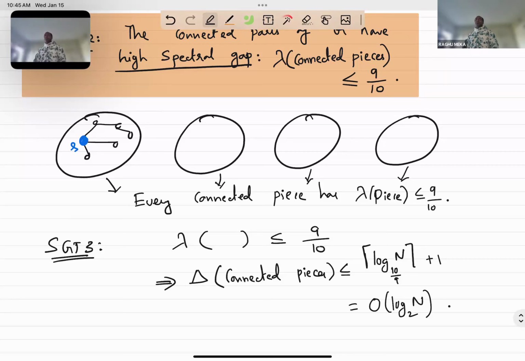So spectral graph theorem number 3 tells us that if you have a spectral gap, then you have small diameter. In particular, if your second largest eigenvalue is at most 9/10, then the diameter is at most log n base 10/9. So it's just O of log n.